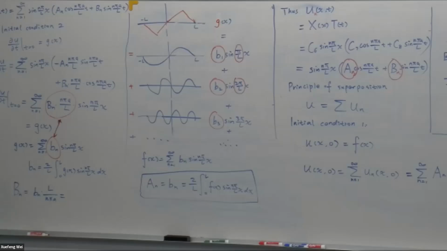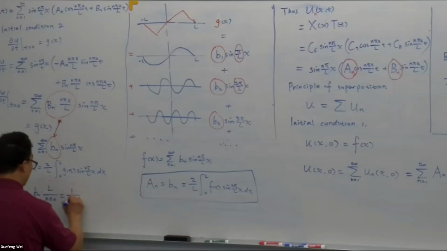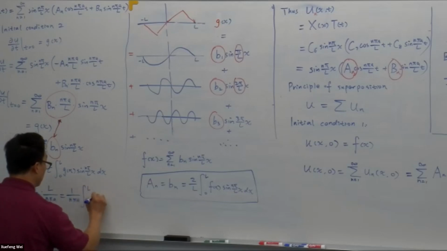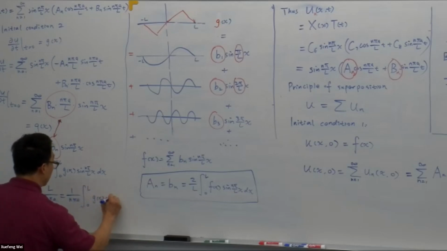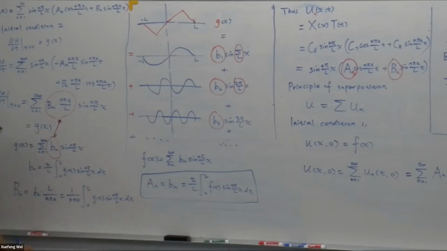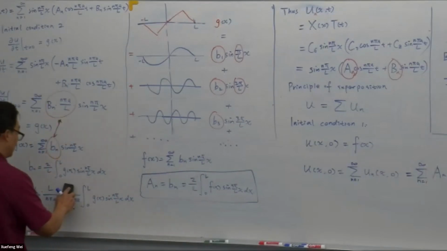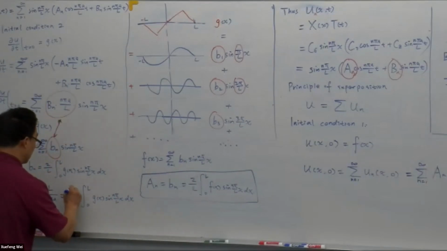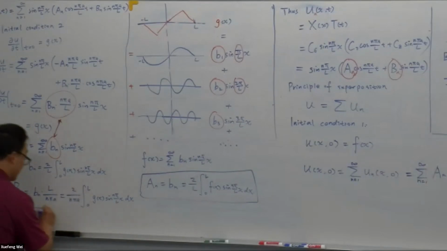L actually cancels out. It is 1 over n pi a, integral from 0 to L, g(x) sine n pi over L x dx. Would it be 2 over... it'd be 2 over n pi a. That's 2. Okay, so this is my Bn.